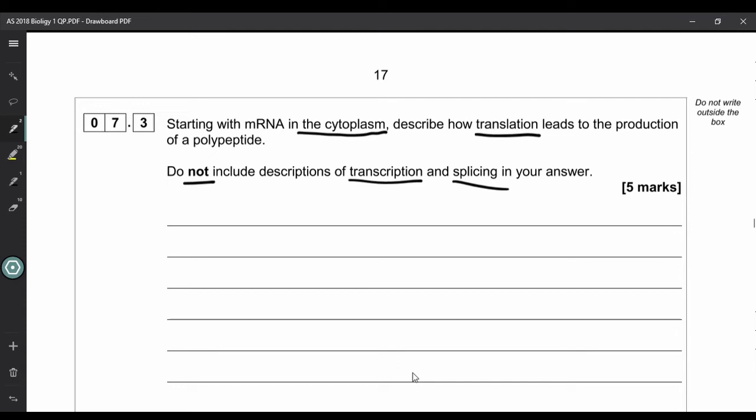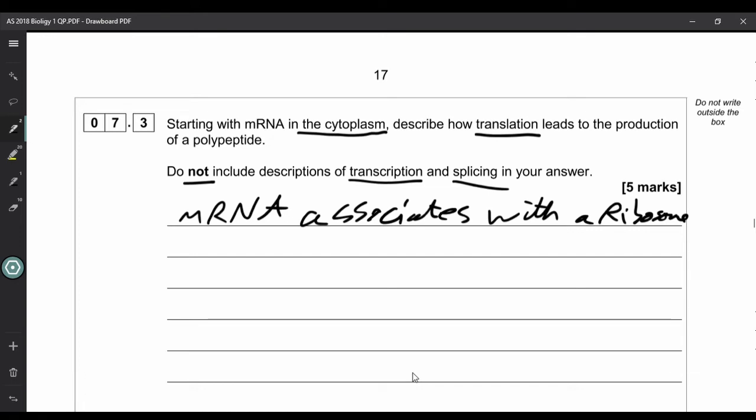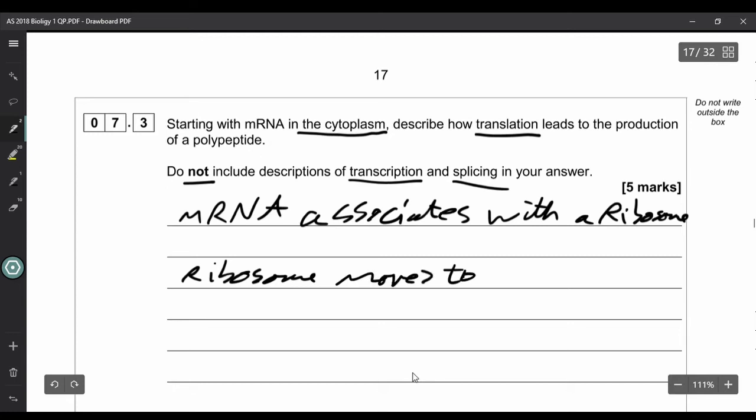So once it's in the cytoplasm, we have the messenger RNA, and that associates with the ribosome. And then the ribosome moves to a start, and that is important. You've got to make sure that it moves to a start codon.